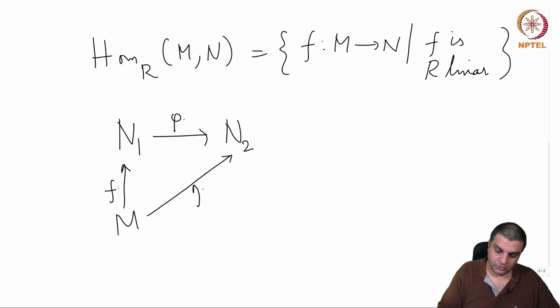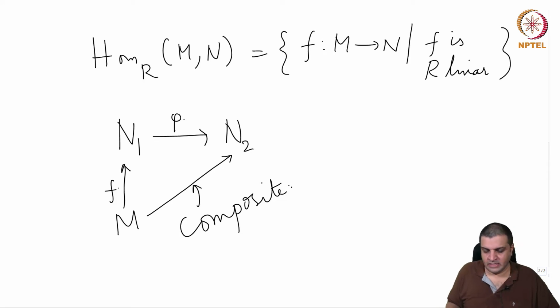So this is the composite. And so what it does is, think of this as something fixed, that N1 to N2 is some fixed map. Then for any f, there exists a map here, which is the composite.